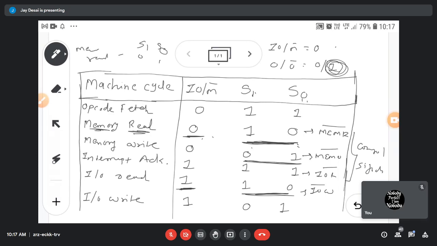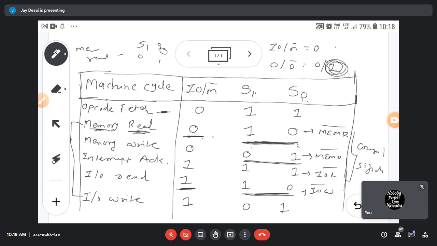Clear everyone? Everyone clear? Yes, sir. Any doubt in this table? Forget about opcode fetch. I will explain opcode fetch when I go through the timing diagram. Apart from that, you know all of this. Is that right? Any doubt in this?